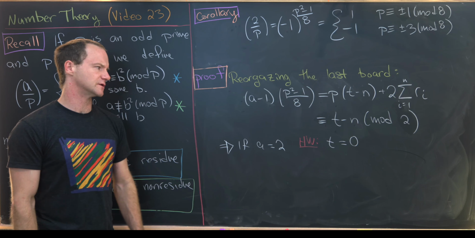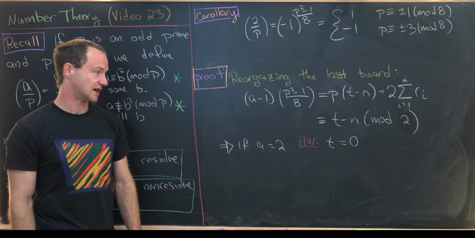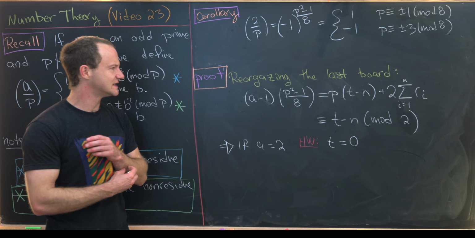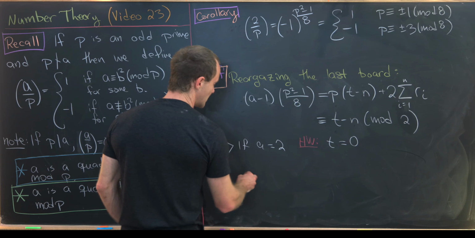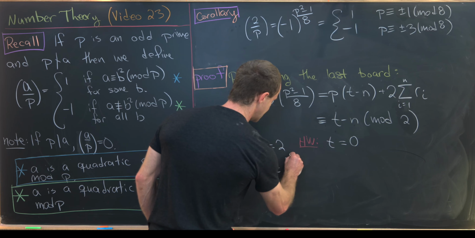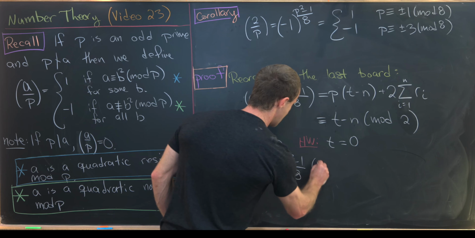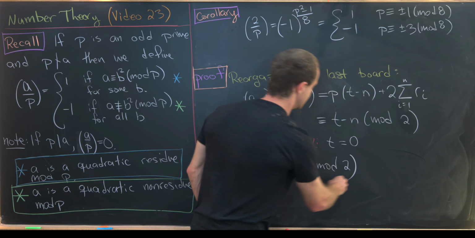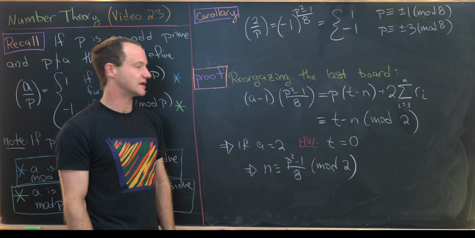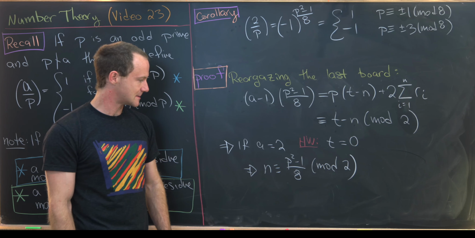That's because all those floors are equal to 0. That's actually not too hard to check, but I'll leave it to you to check that. So t is equal to 0, which means we have n is congruent to (p²-1)/8 mod 2. Remember, n is congruent to -n mod 2. That's how we can forget about that minus sign.